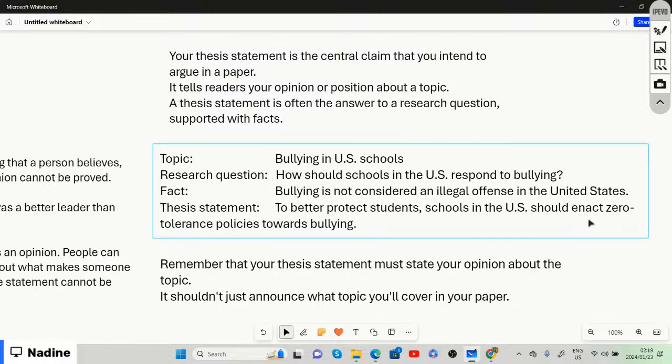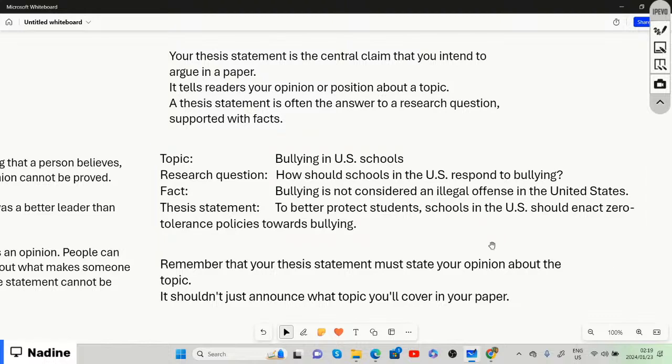And you need to remember that your statement must state your opinion about the topic. As much as we are putting facts, you need to state your opinion about the specific topic. It shouldn't just announce what topic you'll be doing in your paper.